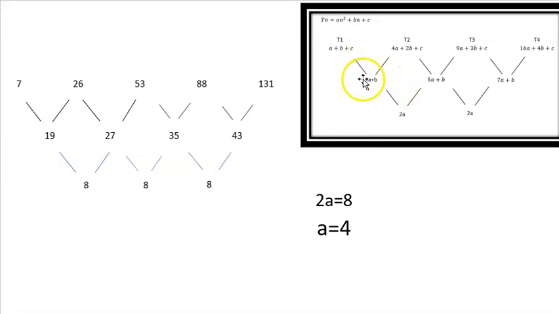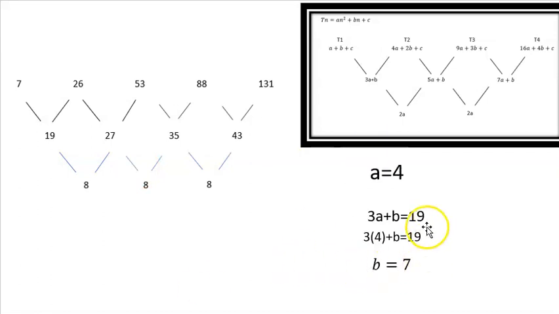Then we move up to the 3a plus b, and we see what 3a plus b is equal to. It is equal to 19. So then we substitute the 4 in for a. So we get 3 times 4 plus b is equal to 19. And 3 times 4 we know is 12. So we go 19 minus 12 is equal to b. So b is equal to 7.